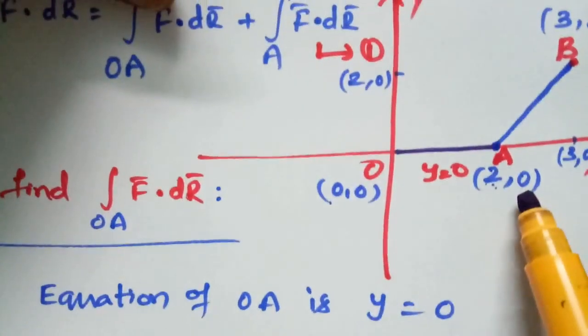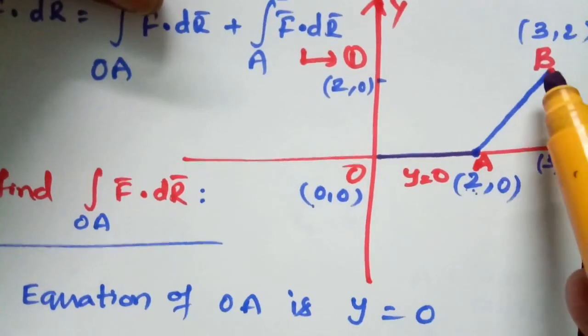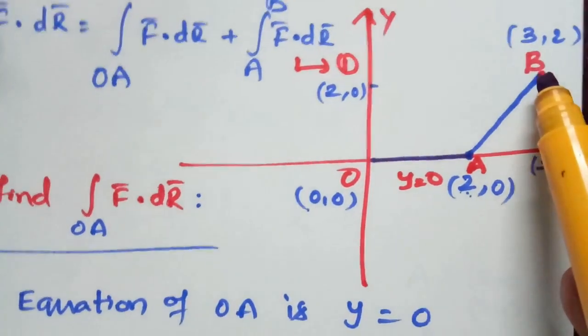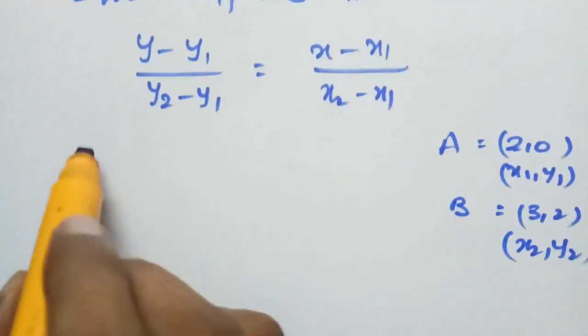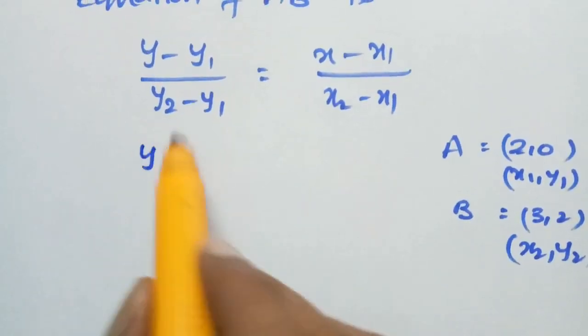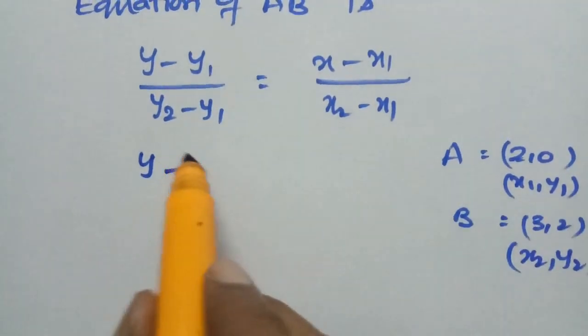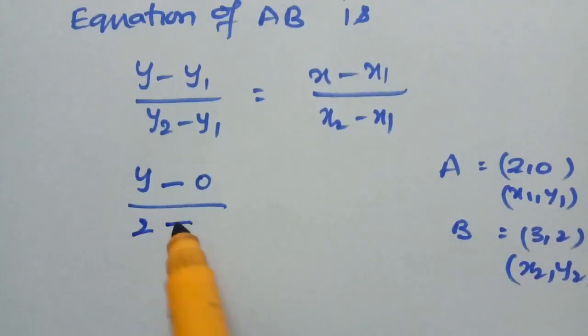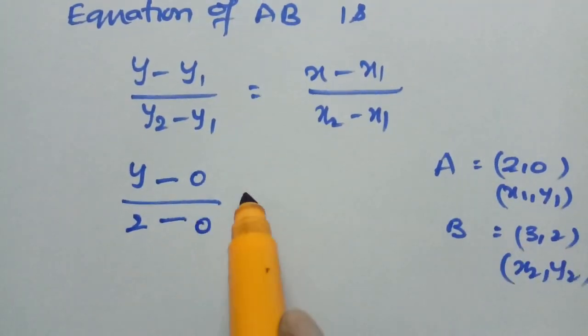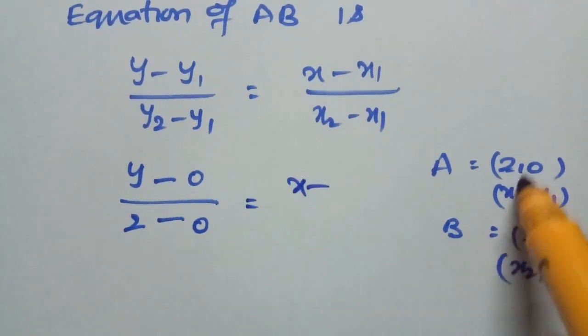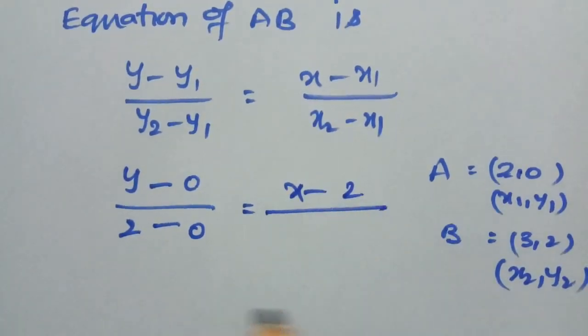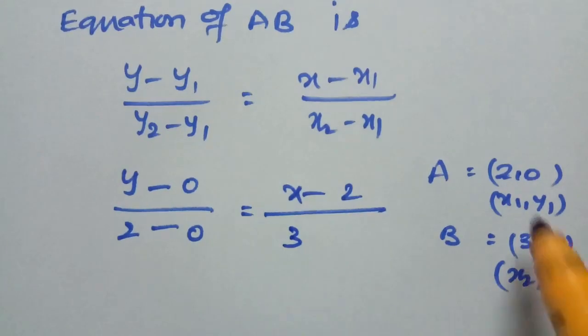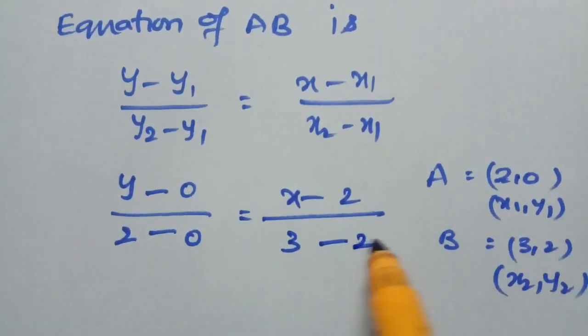A is equal to (2, 0), B is equal to (3, 2). The line through them is (y − y1)/(y2 − y1) = (x − x1)/(x2 − x1), that is (y − 0)/(2 − 0) = (x − 2)/(3 − 2).